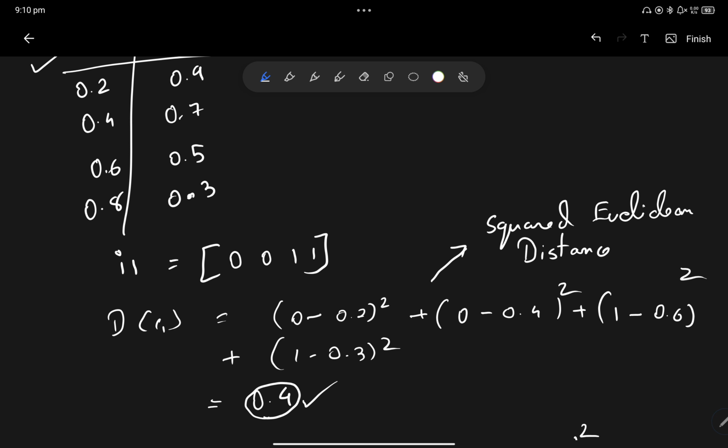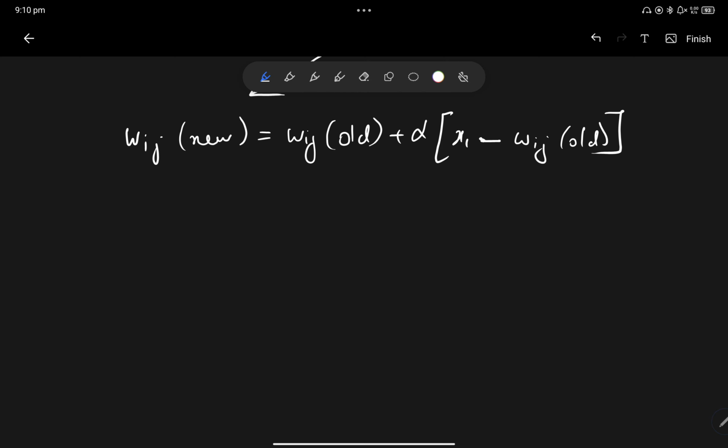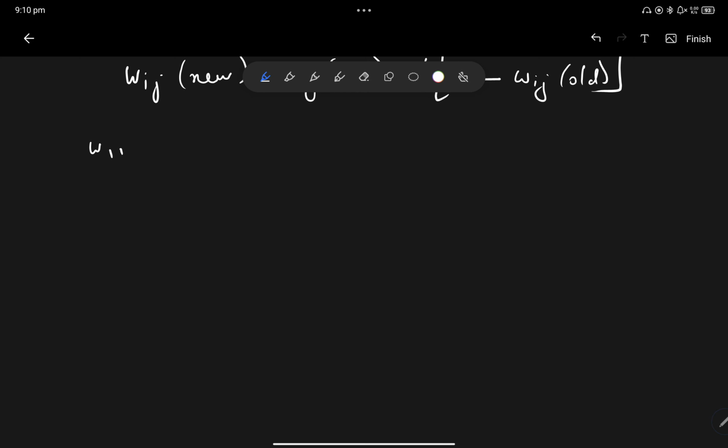We need to update only for C1 here, because we found it as smaller, right? So we need to update the weights, calculating for each one: W11, W21, W31 and W41.